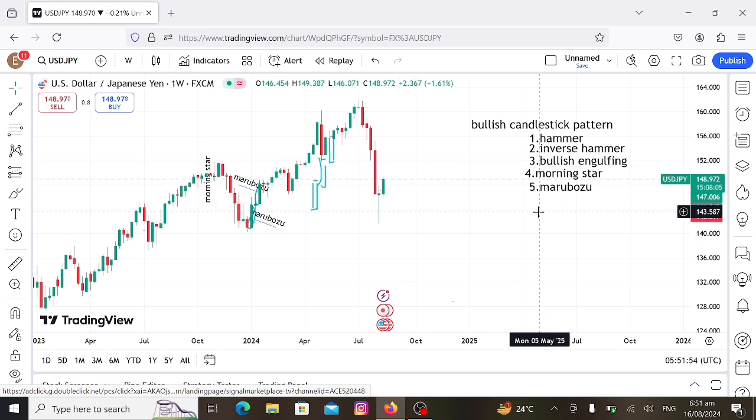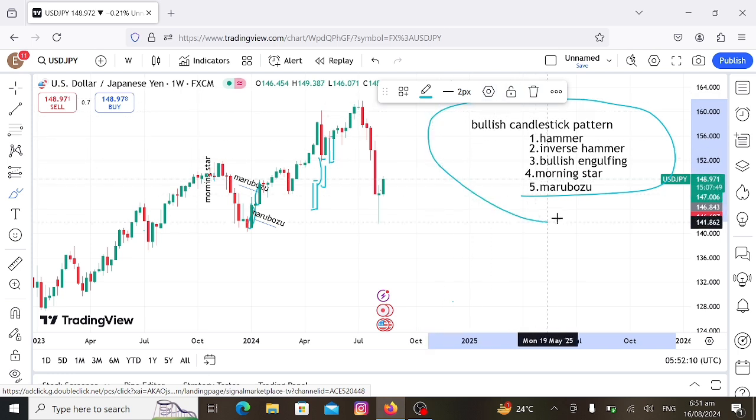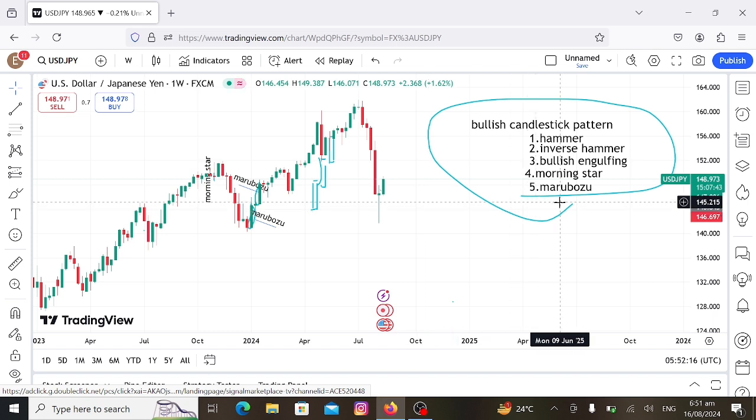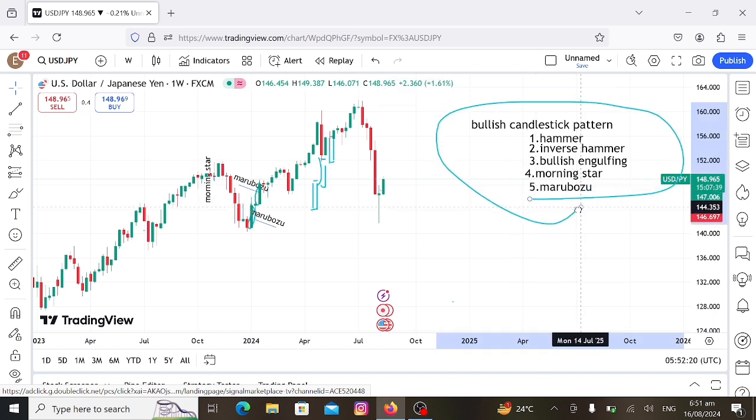I'll advise you go for these five: hammer, inverse hammer, bullish engulfing, morning star, and marabozu. They are the five valid ones I can suggest for any upcoming trader, any newbie. Focus on these five.